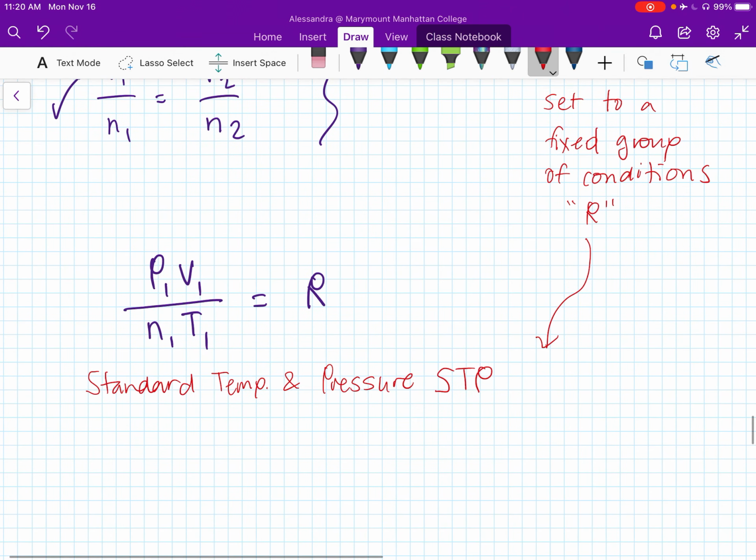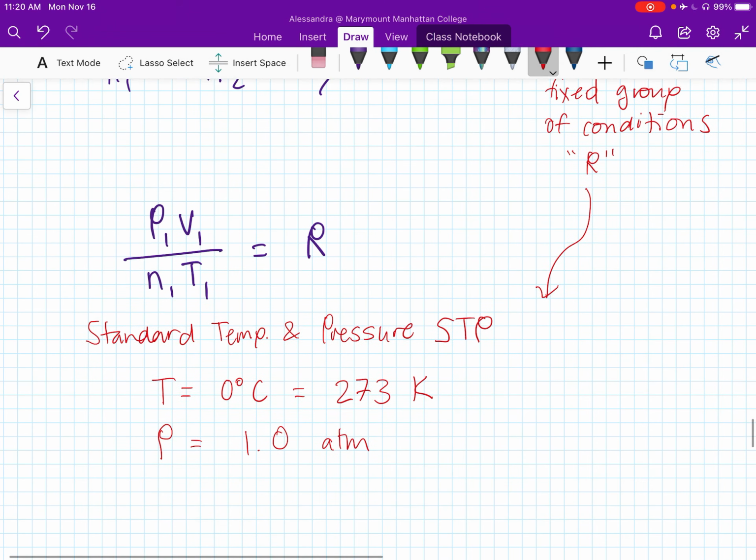Standard temperature and pressure is defined as a temperature of 0 degrees Celsius. Of course, we want to use Kelvin when we're using gas laws. So adding 273 to that means 273 Kelvin. That's standard temperature. The standard pressure is 1 atmosphere.